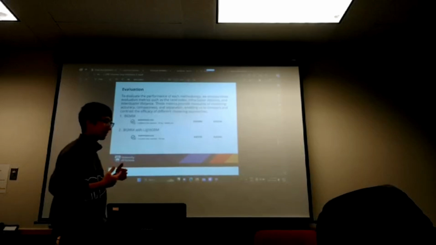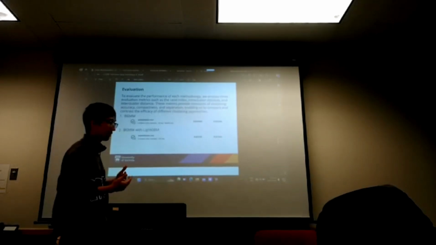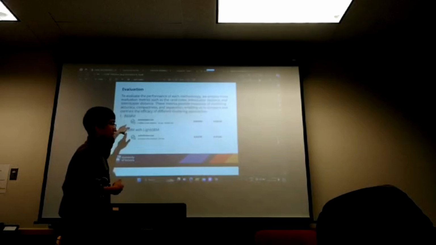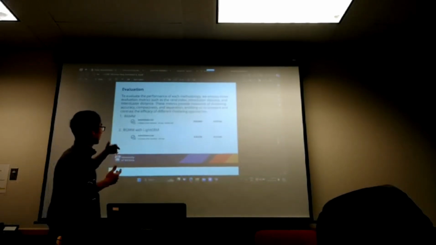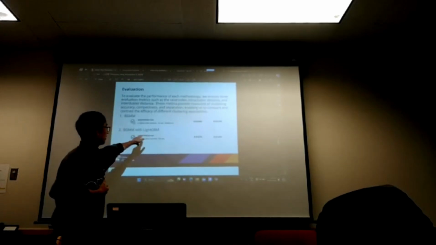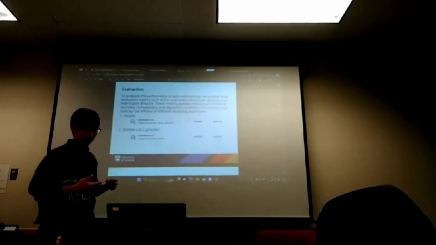Based on the result of BGMM, I combined it with a supervised algorithm. That GBM is one supervised algorithm.